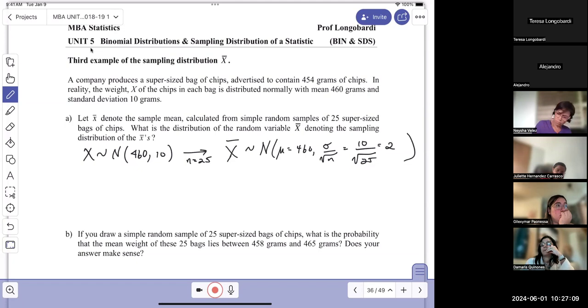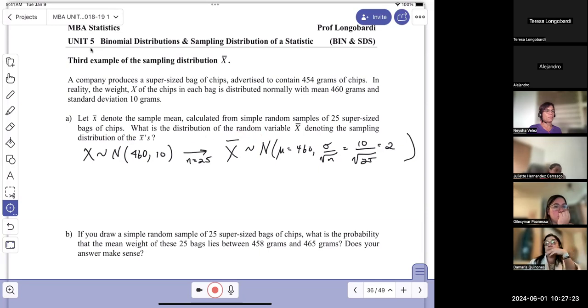Okay, now what do we do with this? So what did we answer? We answered the question, let x bar denote the sample mean calculated from a simple random sample of 25 bags of chips. What is the distribution? So we can imagine taking one sample, but that one sample we take, what we expect it to be in terms of its mean and standard deviation, we expect it to come from a distribution of sample means, and that is going to have this shape, this mean, and this standard deviation.